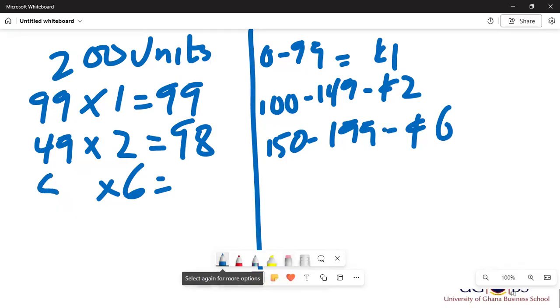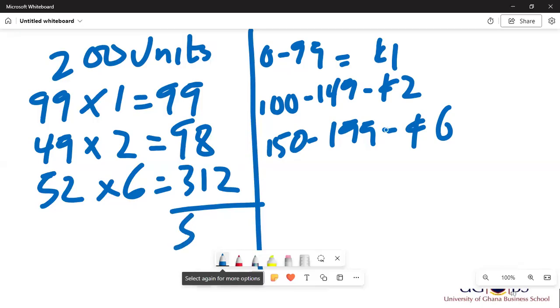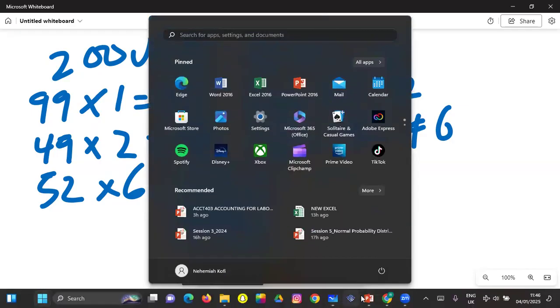So let's assume it's multiplied by 6. So 52 times 6 is 312. So you are going to add all these: 99 plus 98 plus 312. You're going to get a basic salary of 549. So you see, take the first one, then you multiply by the rate. Then second round, you take it and multiply, then the rest will be multiplied by the last rate. So it will be like that, step by step.